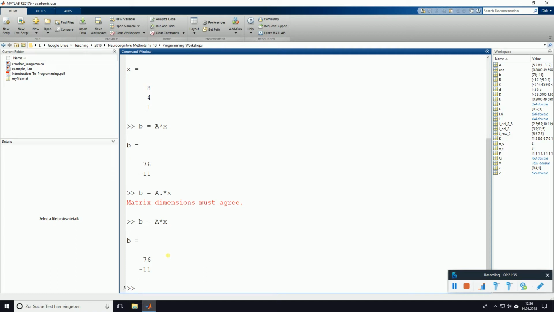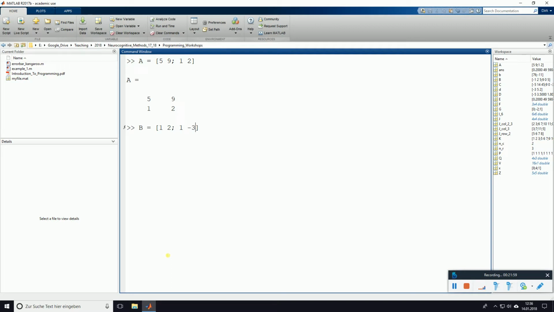Of course, the same thing can be done with matrices. So maybe consider the following example. So here you have two 2 by 2 matrices, which you can of course add to one another, which is an element-wise operation.